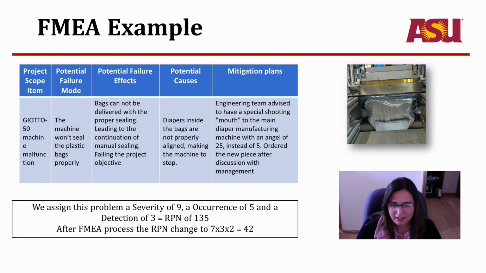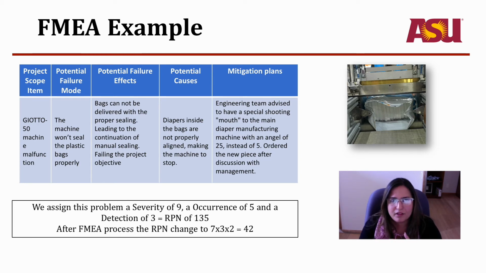For my capstone project, I had to have an FMEA process. And one of my defined failures was that the semi-automatic sealing machine that I was working on could not seal the plastic bag. I want to go back a little bit. My objective was to semi-automatize the process of sealing plastic bags that have diapers inside them.